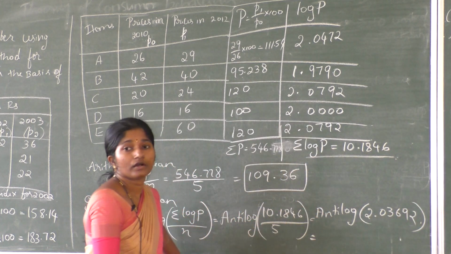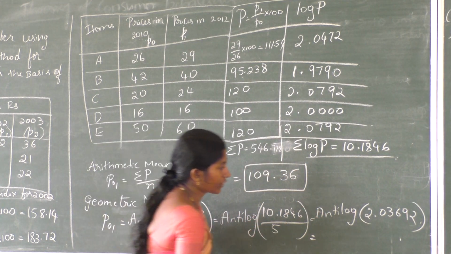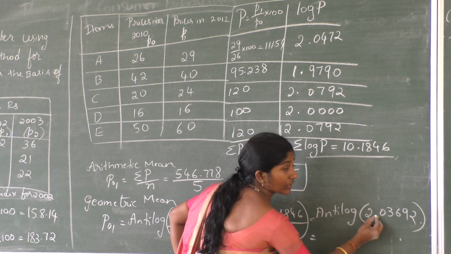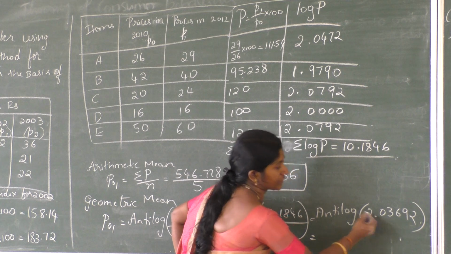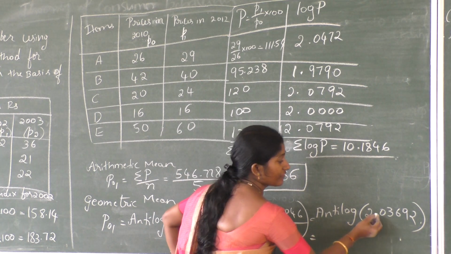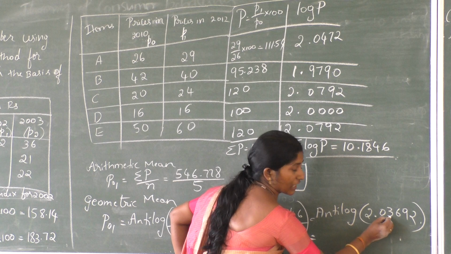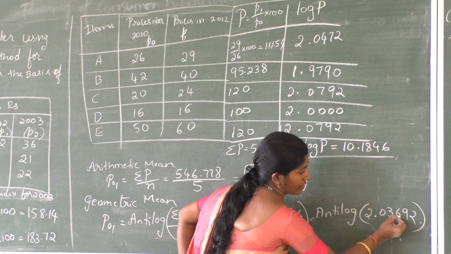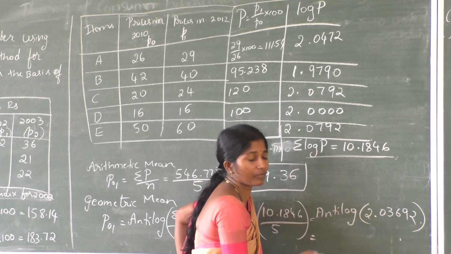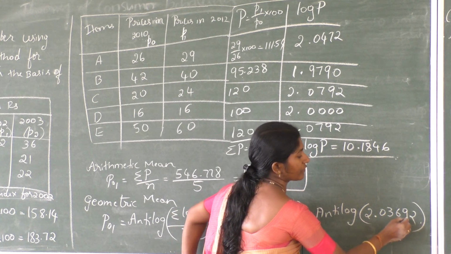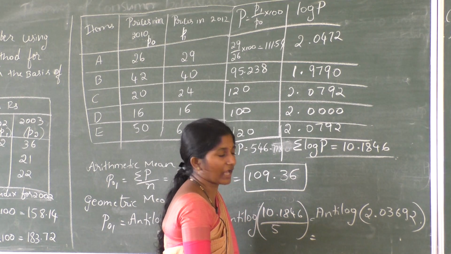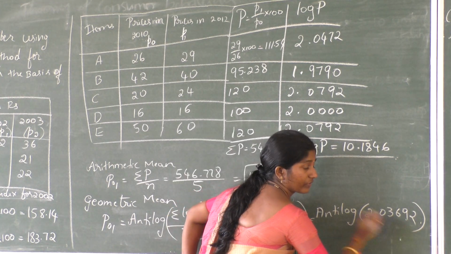Now see the anti-log table. Observe all the values given. See from here 0.03. In that, in the column you have to see the value 6, under that what is the number given. And here 92 is given, therefore mean difference is 9. In column 9, what is the value given, you have to see that.